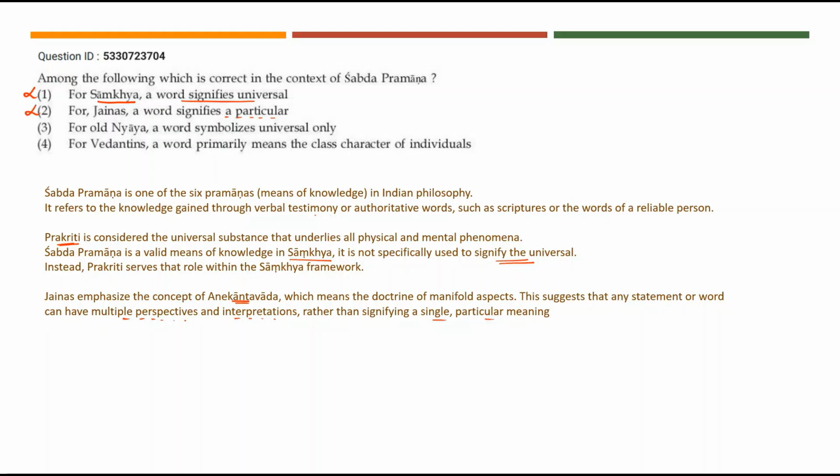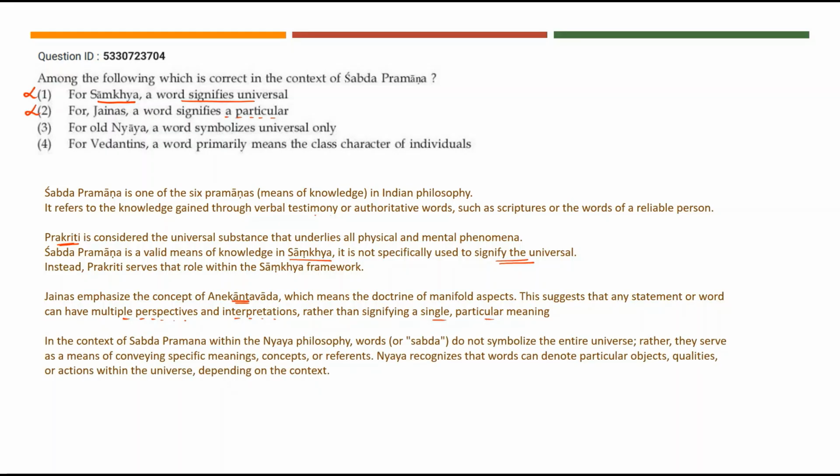What about the third statement? For old Nyaya, a word symbolizes universal only. In the context of Sabda Pramana, within the Nyaya philosophy, words, otherwise called Sabda, do not symbolize the entire universe. So it is not for universal. Rather, they serve as a means of conveying specific meanings, concepts or reference.